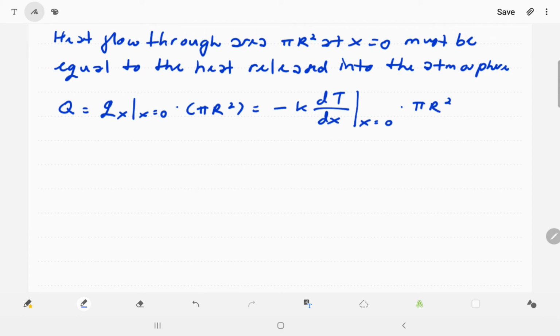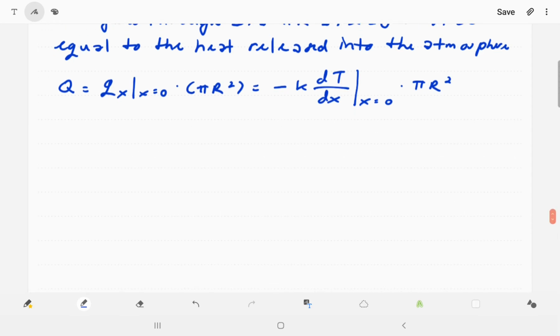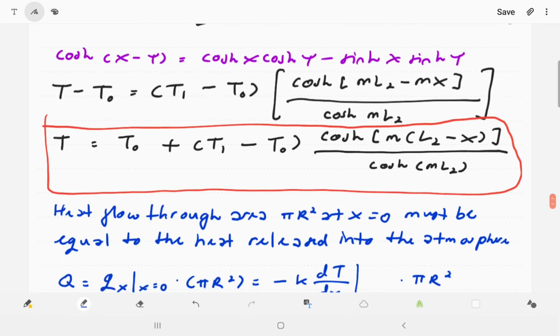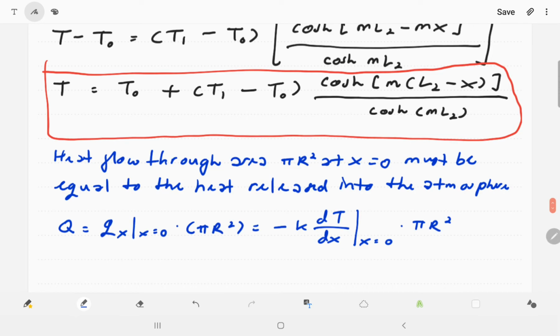And then if we go up here, we can find the expression of dT over dx.